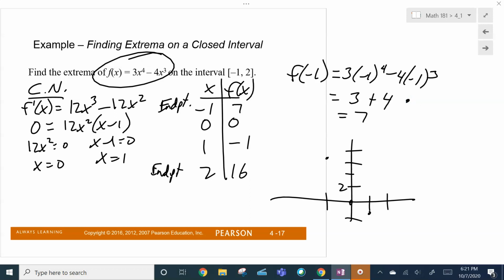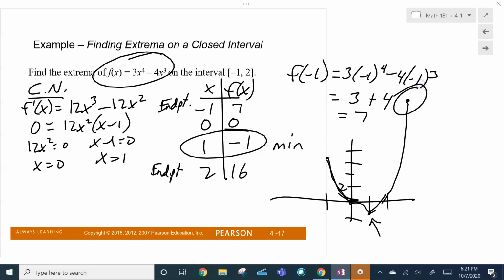I don't know exactly, but actually I've got a picture of this in a minute. It kind of goes like this, and then kind of like this. Anyways, if I was to graph it, I'd say, oh well, here's my minimum, right? There's my minimum, and here's my max.